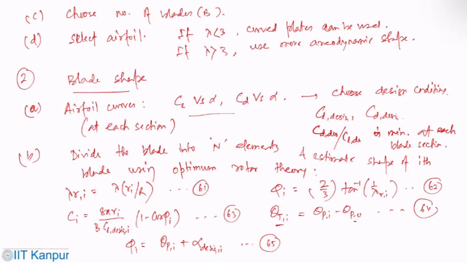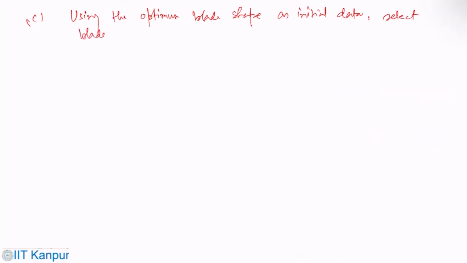For example, what we can say is that now, using the optimum blade initial data, we can select a blade shape that promises to be a good approximation.